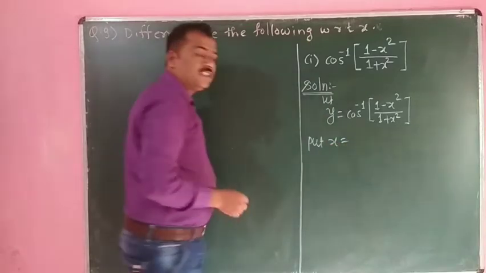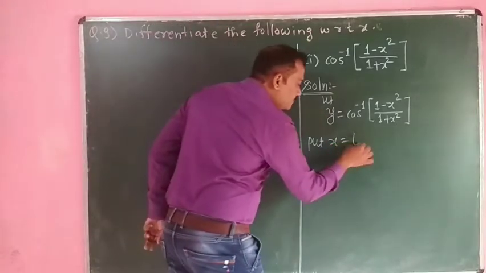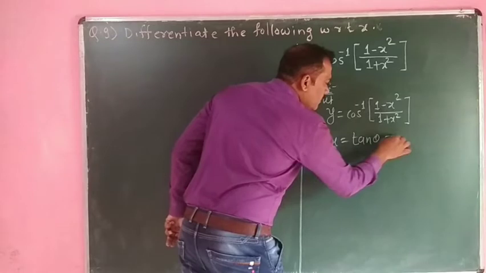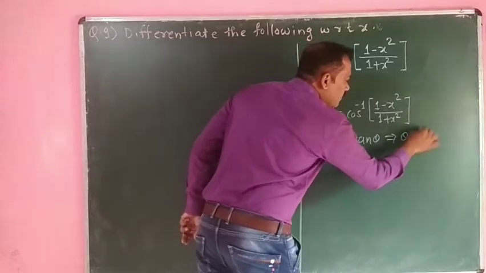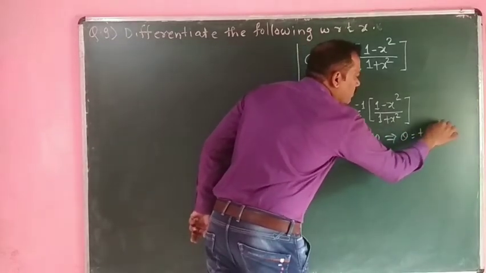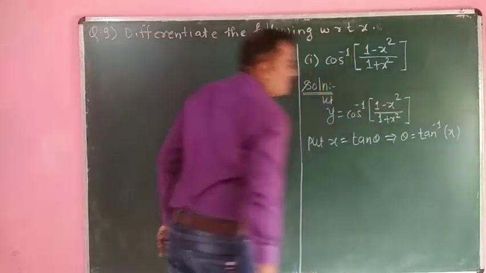We have to put x is equal to tan theta. This implies that theta is equal to tan inverse of x.